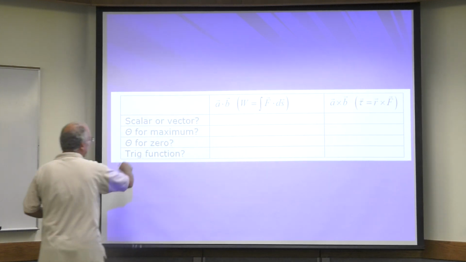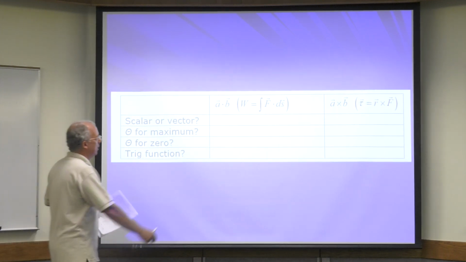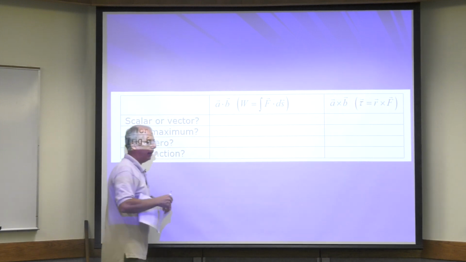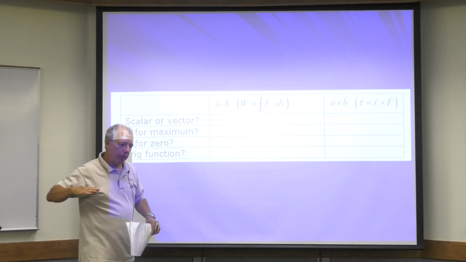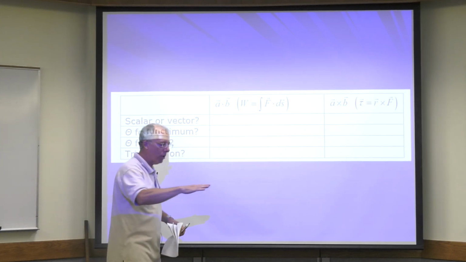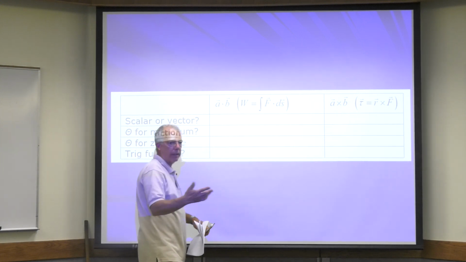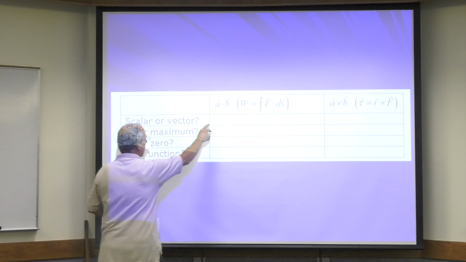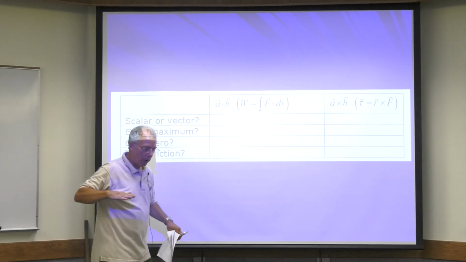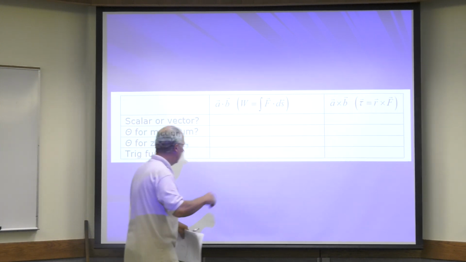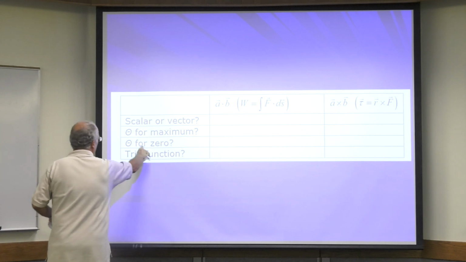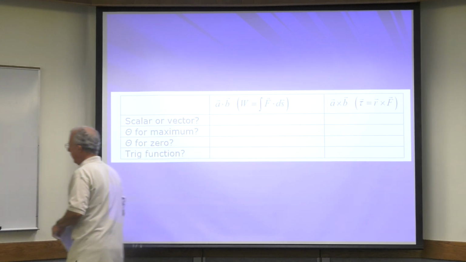Okay, for what angle is this 0? Well, just think, right? If you have something moving along a tabletop, does gravity make it go faster or slower? No, that doesn't affect it at all, right? So in other words, the work done by gravity as something is going on a tabletop is 0. So theta for this is 90.